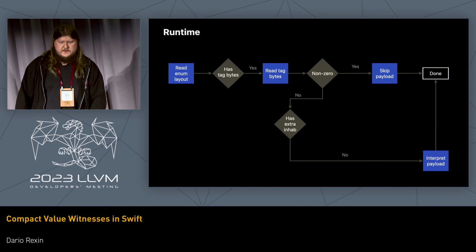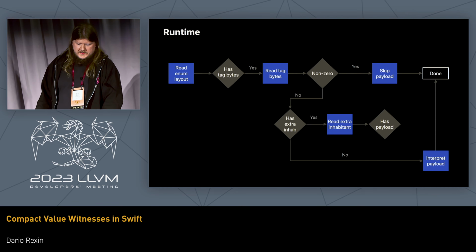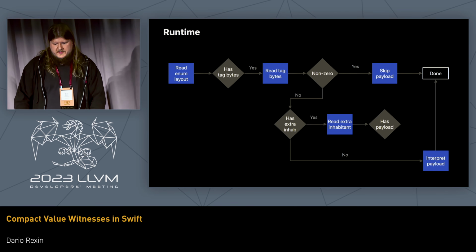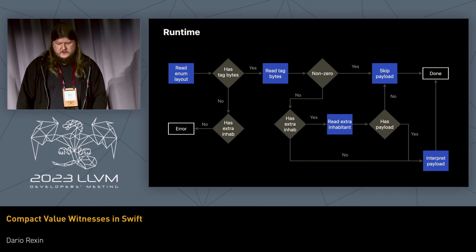If there are no extra inhabitants, this is the payload case, so we interpret the layout string for the payload and are done. If there are extra inhabitants, we read them and check if they have a payload. If we do, we handle it, otherwise we skip. If we don't have extra tag bytes and there are no extra inhabitants, this layout string is invalid. If there are extra inhabitants, we handle them as before.